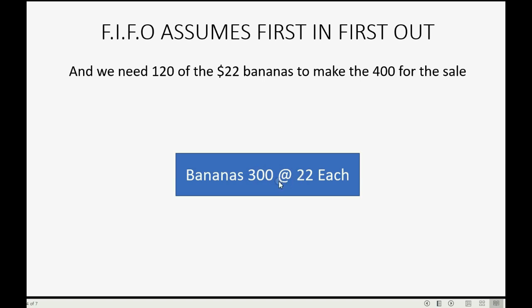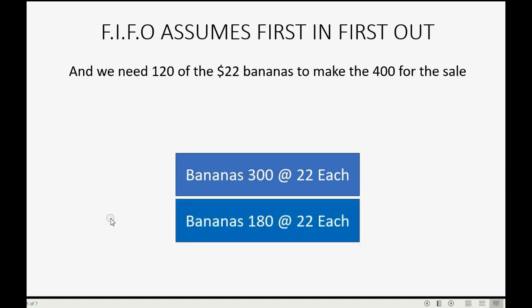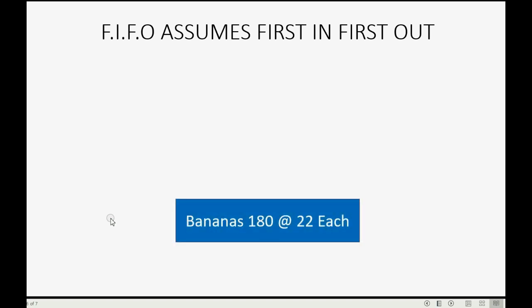And if we bought 300 at $22 each, and we needed to take another 120 bananas out of that bunch to complete the 400 quantity sale, that means that what's left in inventory after this sale will be 180 bananas at $22 each.